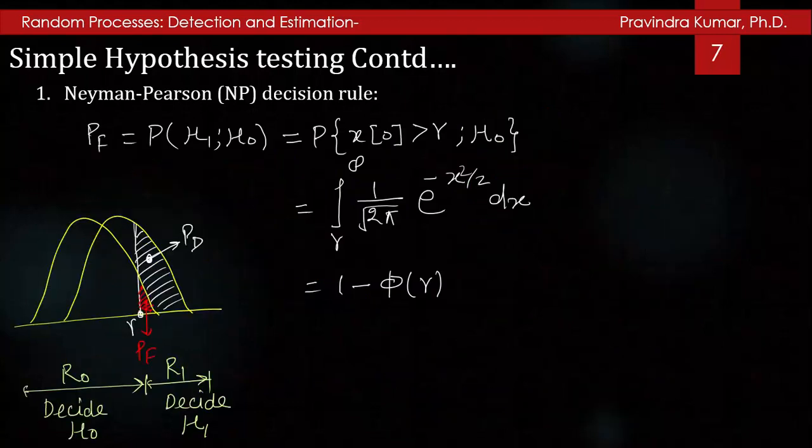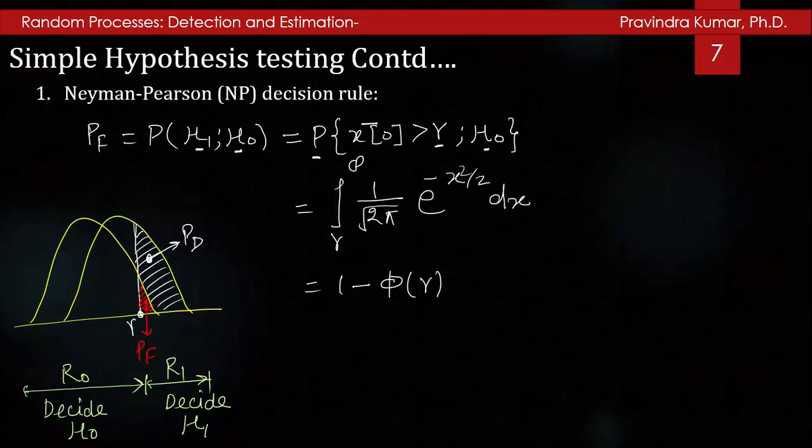So the probability of false alarm is the probability of selecting H1 when H0 is true, meaning the probability that the observed data is greater than threshold gamma given that hypothesis H0 is true.